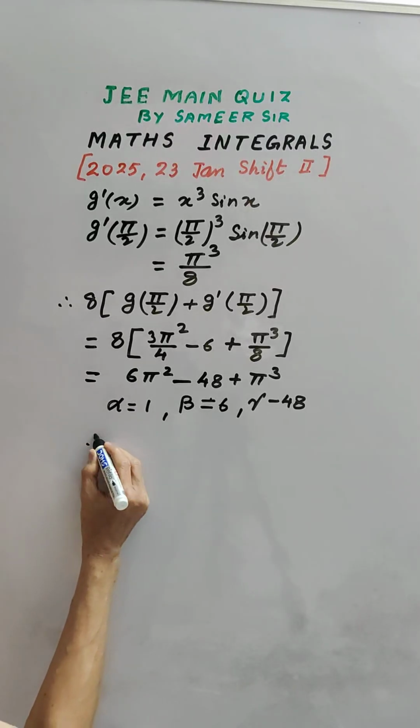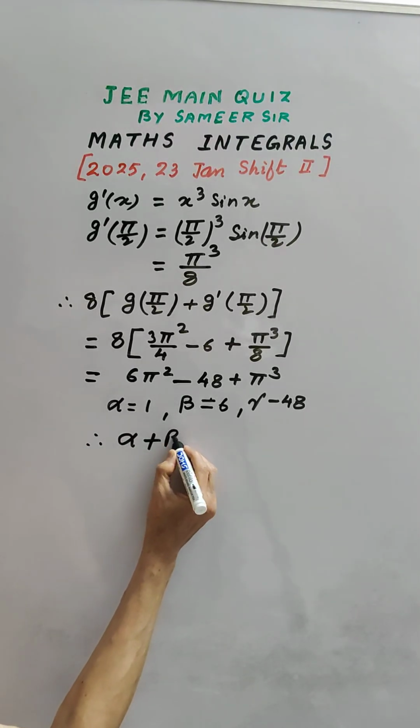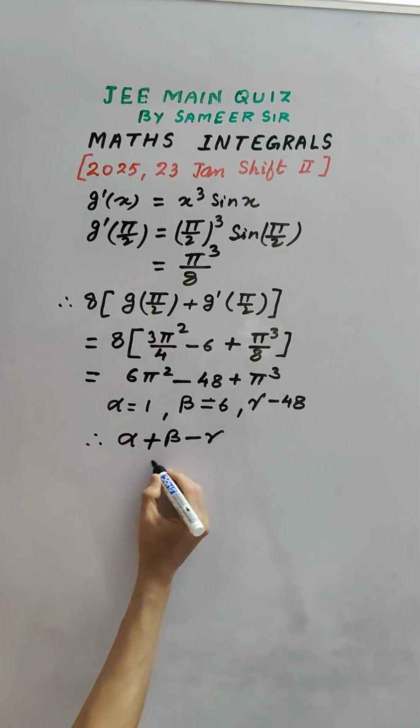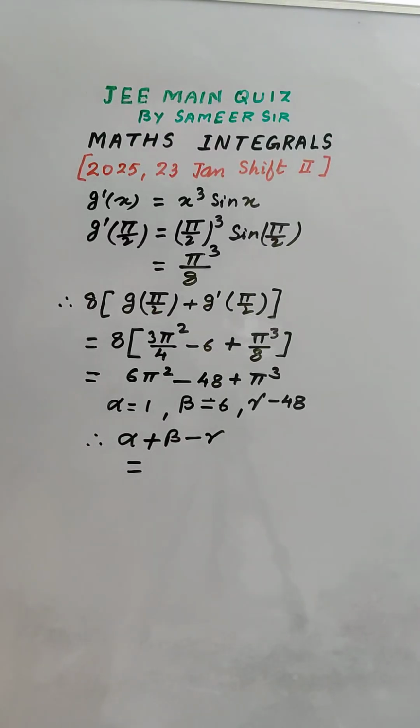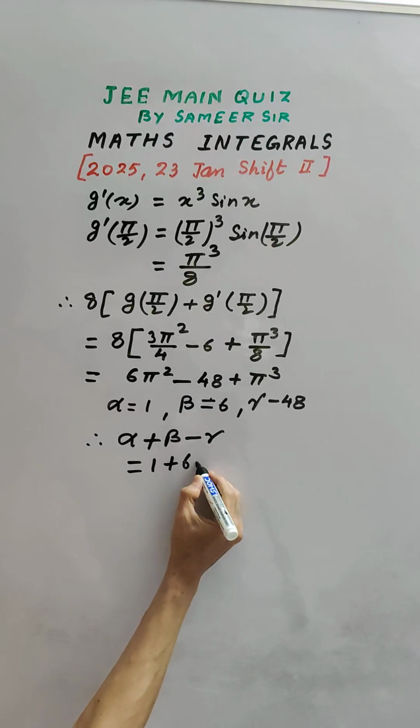Therefore, alpha plus beta minus gamma is equal to 1 plus 6 minus 48.